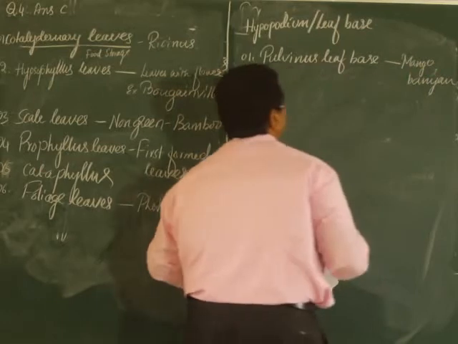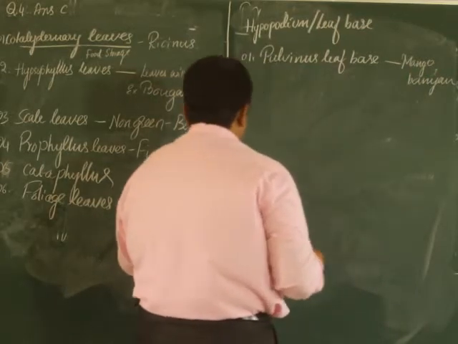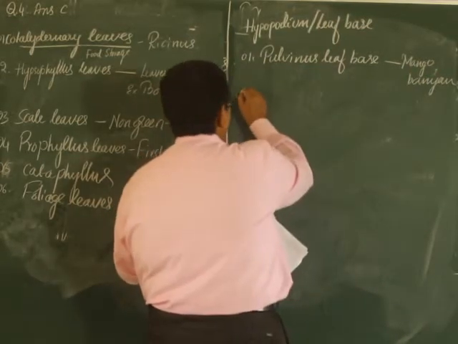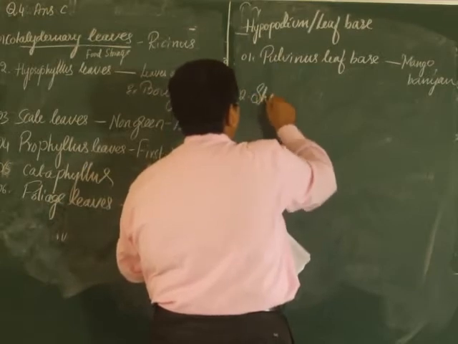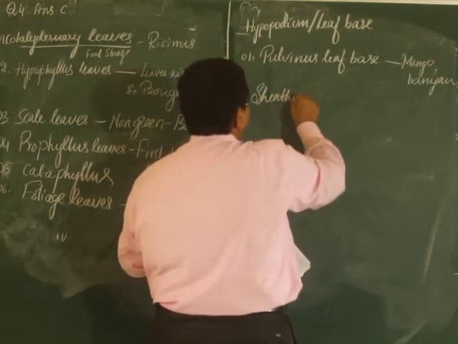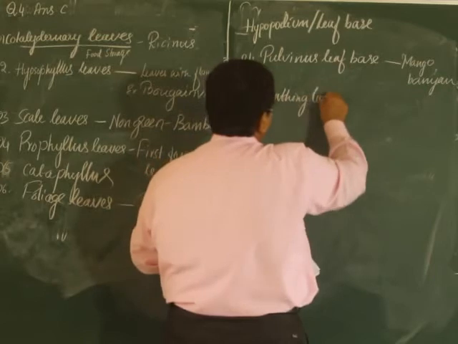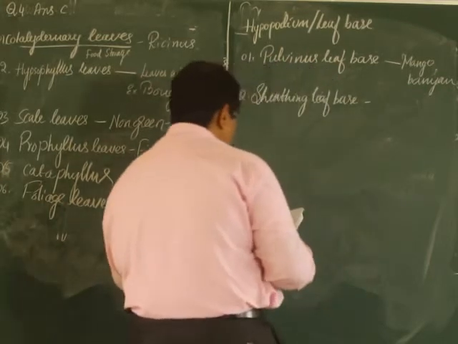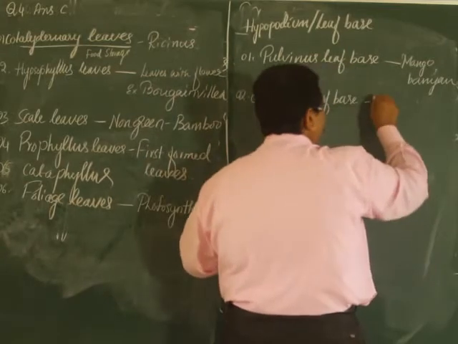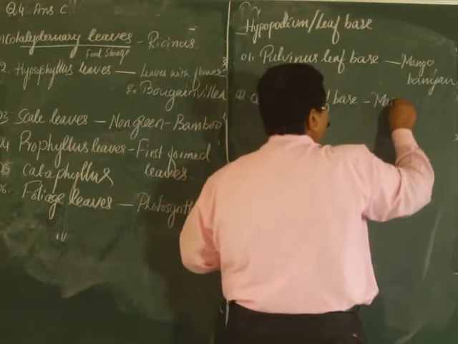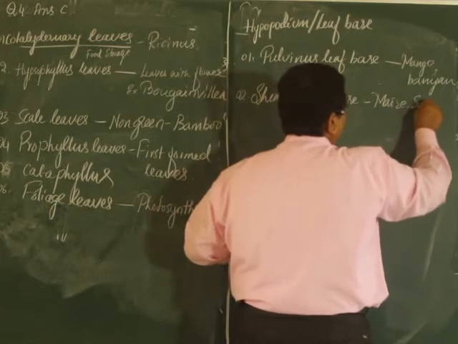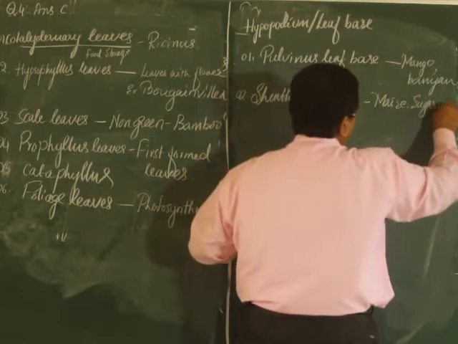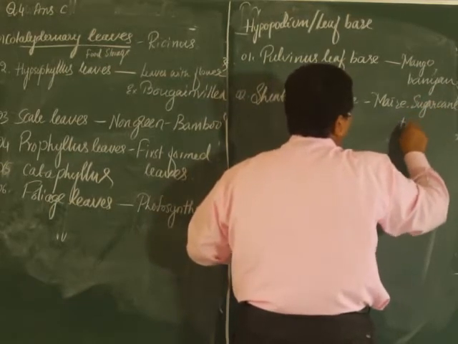Sheathing leaf base is found in maize, sugarcane, banana.